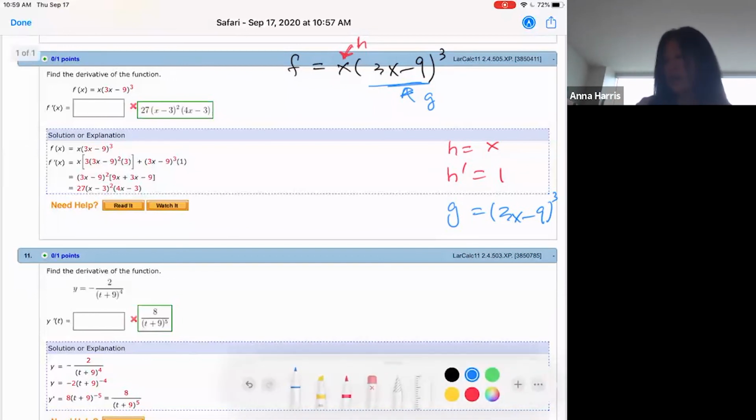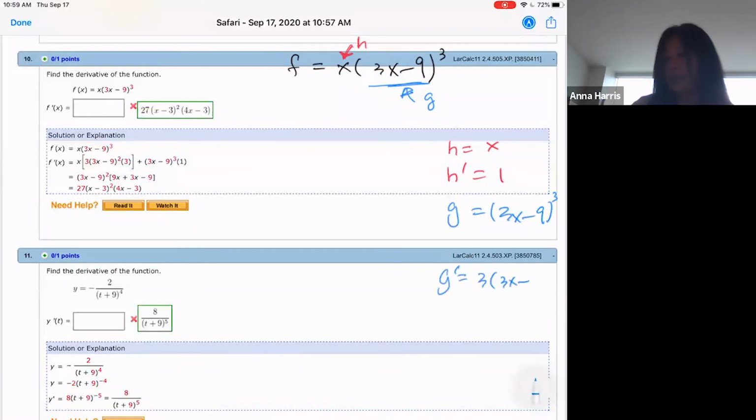All right, so I'm going to say, okay, g prime is equal to 3 times (3x minus 9) to the second power, but I'm not done yet. Why not? I need to take the derivative of the inside one too, right? What is the derivative of the 3x minus 9?